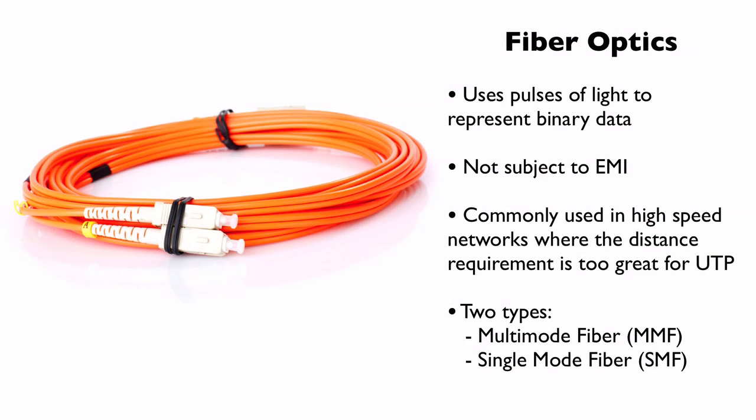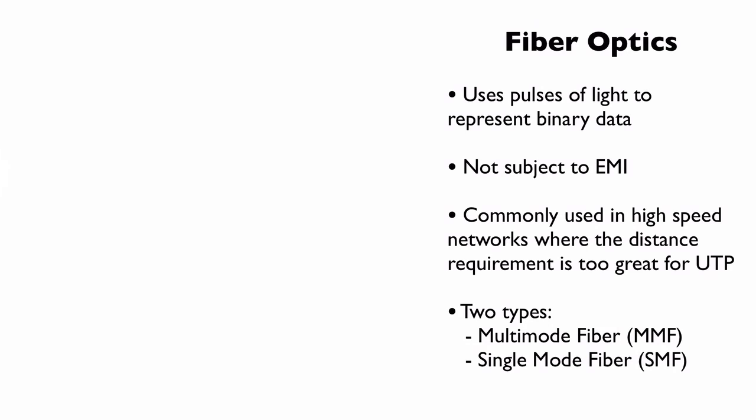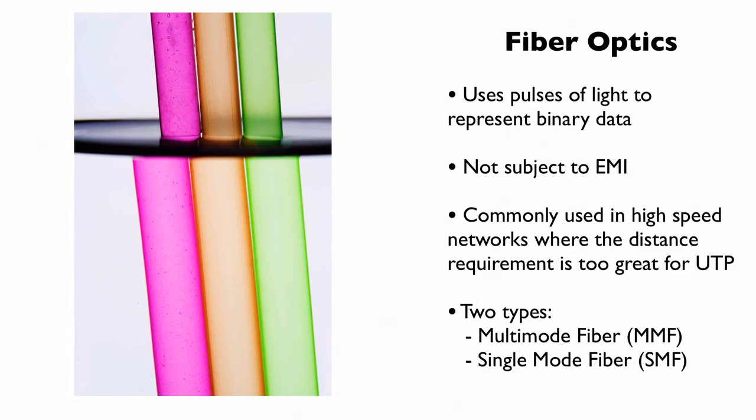To help us start to understand the distinction between multi-mode fiber and single-mode fiber, consider what you may have seen at a restaurant. Let's say that you had a glass of water and you had a straw in your glass of water. When you insert a straw or a pencil or something into a glass of water, have you ever noticed that the straw or the pencil don't seem to line up above the water line and below the water line?